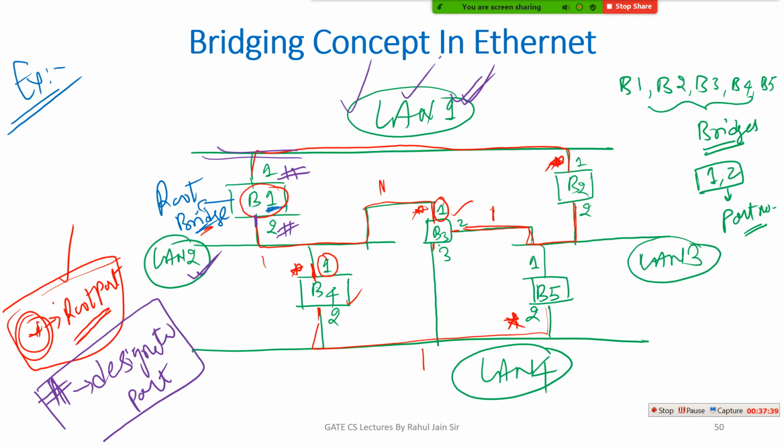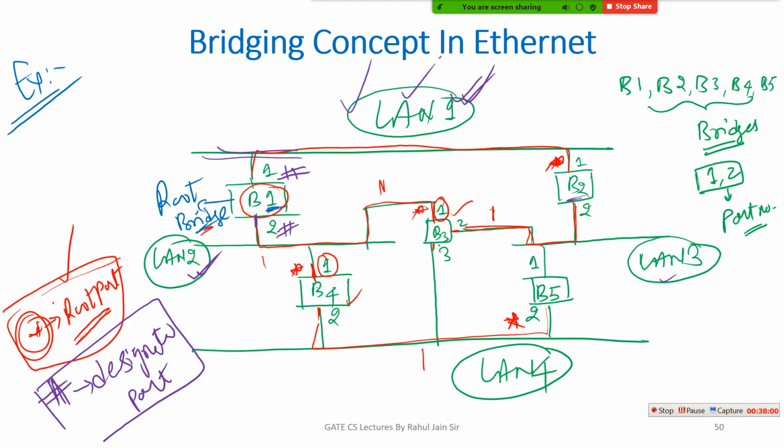Now if I talk about lane 3, what is the closest bridge for lane 3? The closest bridge is B2. Why? Because from B2 to B1 I can traverse directly. But if I choose B5, I need to go to B4 first and then to B1, so it is somewhat lengthier.